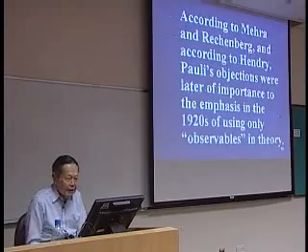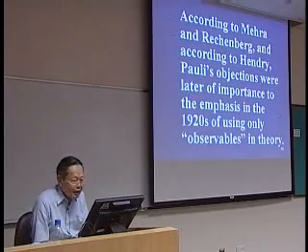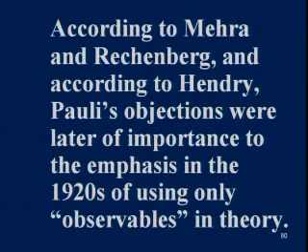1918 and 1919 paper. But his objection was not like the one that I told you about Einstein's, about going around the loop and not being able to standardize rulers and clocks, but on philosophical grounds. But according to Mehra and Rechenberg, and according to Henry, these are very distinguished historians of science, Pauli's objections to Weyl were later of importance to the emphasis in the 1920s of using only observables in theory.